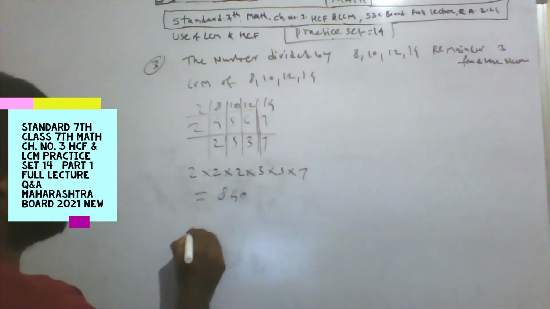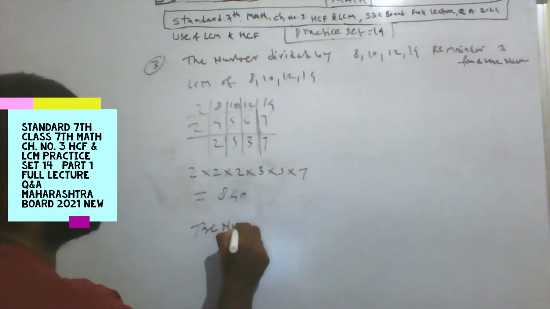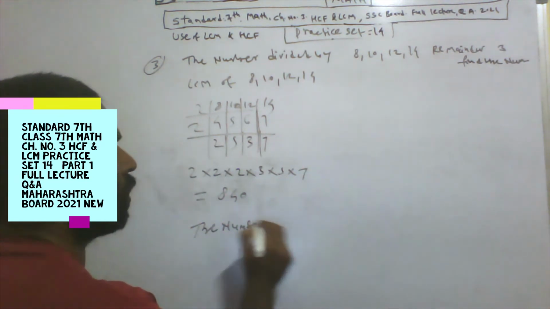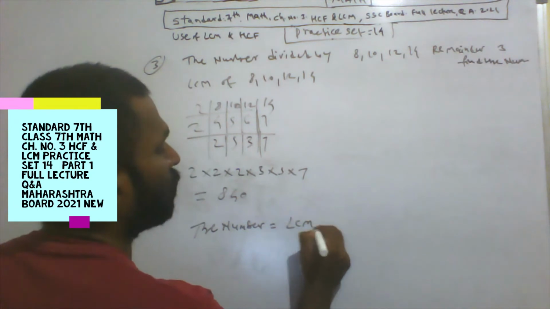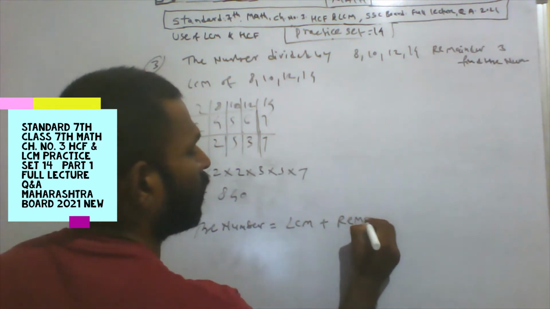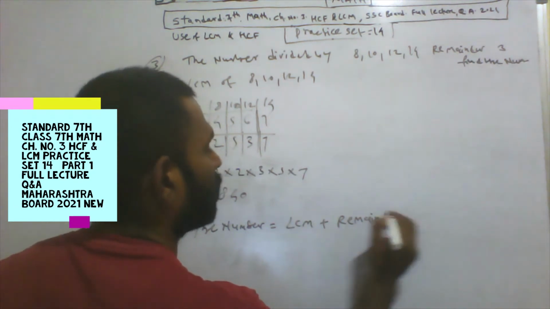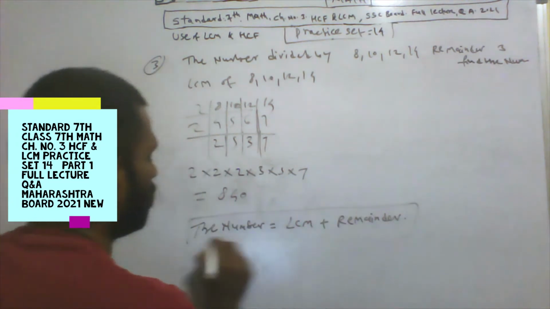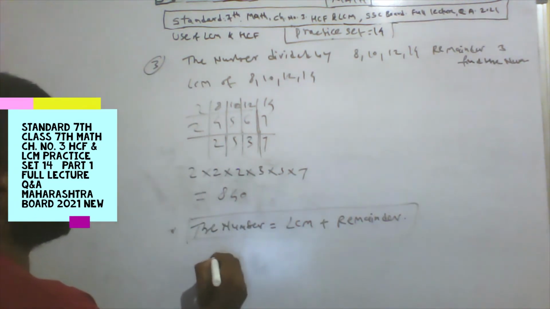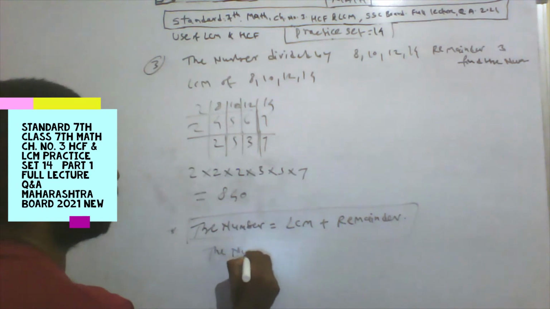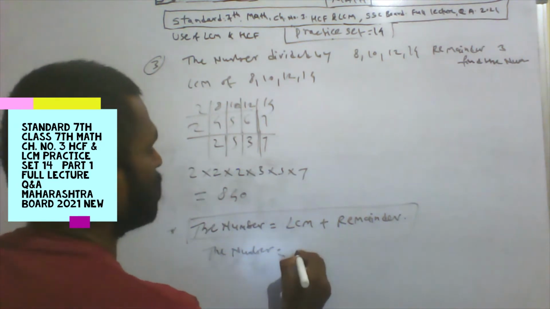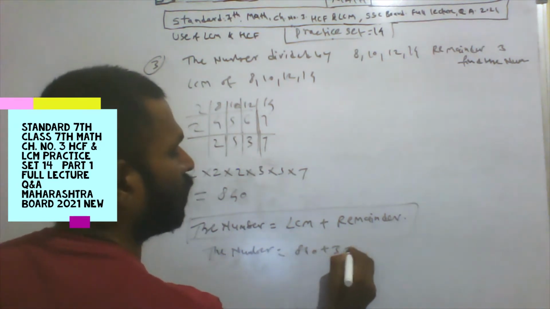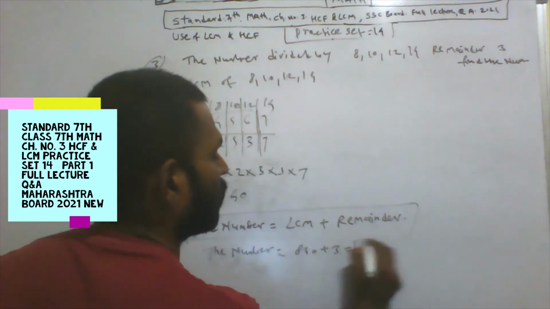Remember the formula: the number is equal to LCM plus remainder. So the number is equal to 840 plus 3, which is 843.